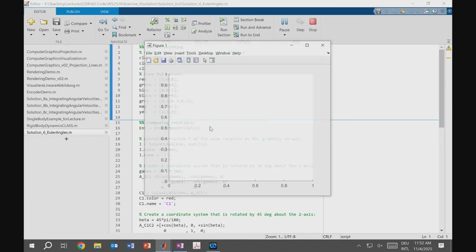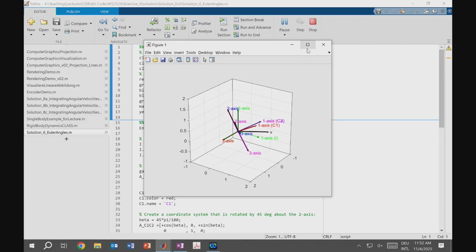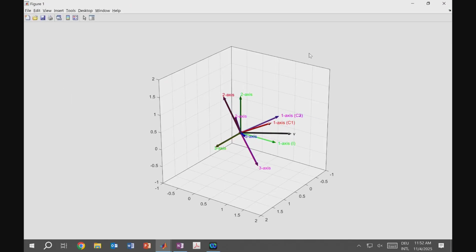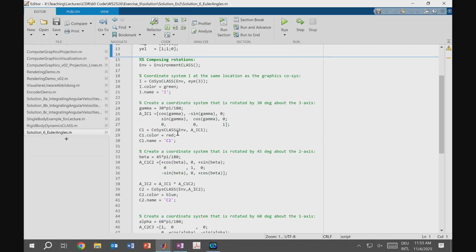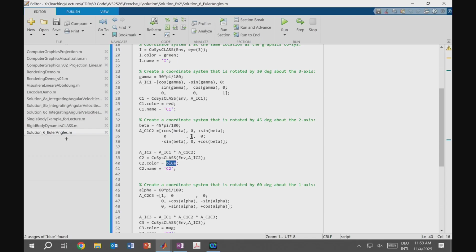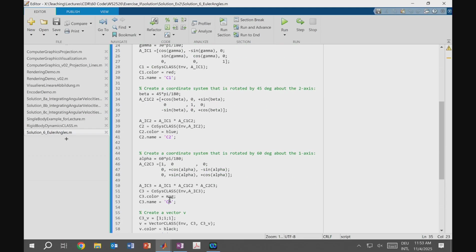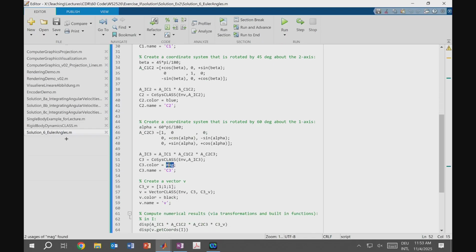And here is a solution to problem 6, where we have these 3 rotations. We start with the green system, inertial, the red system rotated about the 3-axis, the blue system rotated about the rotated 2-axis, and then the purple magenta system again rotated here.